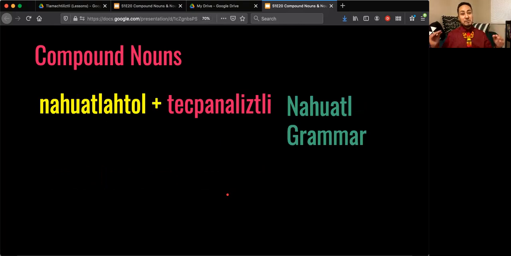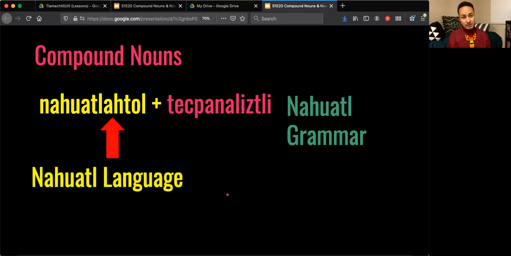So if you wanted to make this even bigger in Nahuatl, you can make even bigger expressions. We had the word Tlahtol Tecpanalistli to mean grammar, right? But if you want to specifically talk about Nahuatl grammar as one thing, you can combine these words together to make the whole word Nahuatlahtol from the word Nahuatlahtoli. So Nahuatl language, and Tecpanalistli.